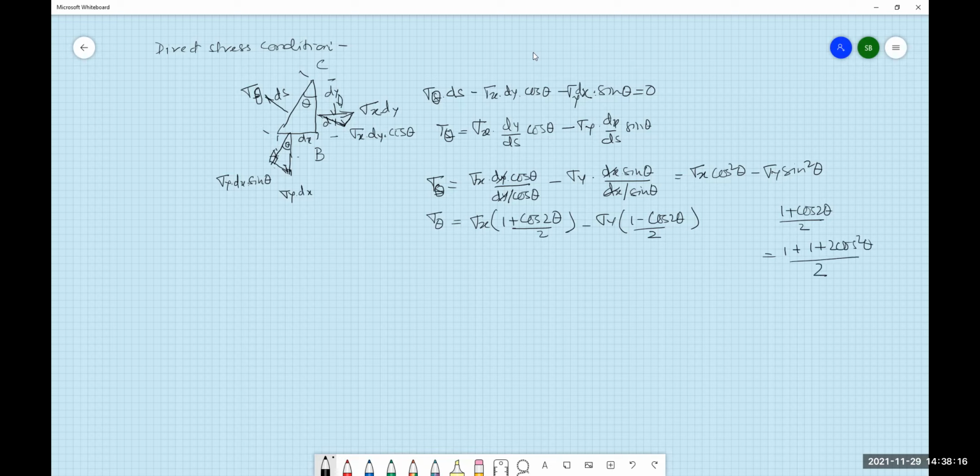So this will become cos square theta, and this will become 1 minus cos 2 theta, which is equal to 2 sine square theta over 2.